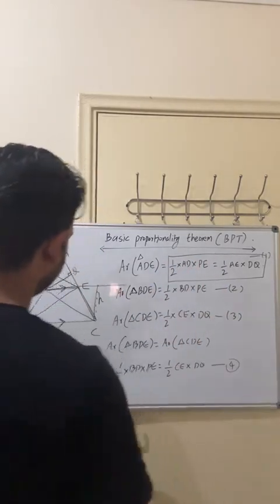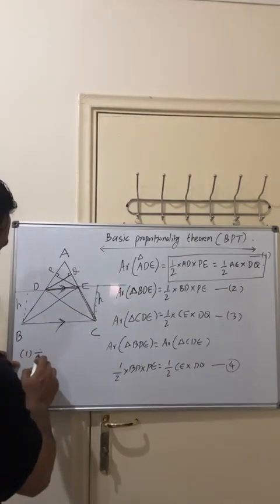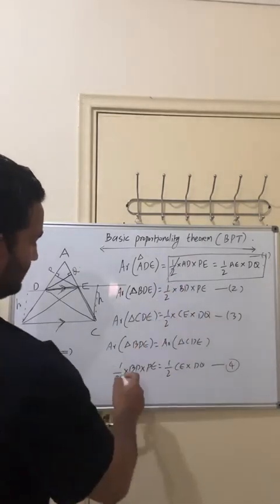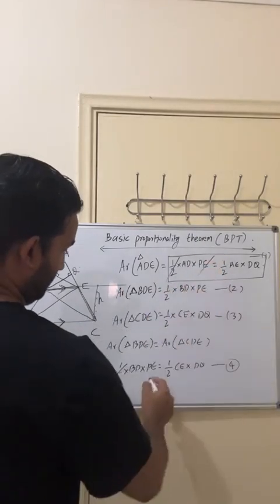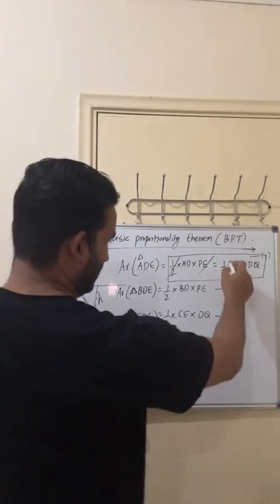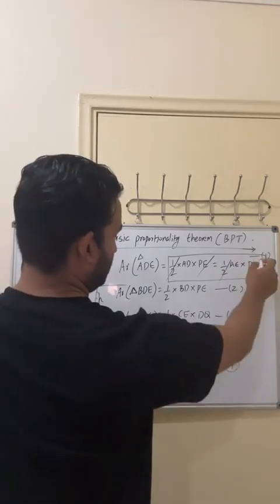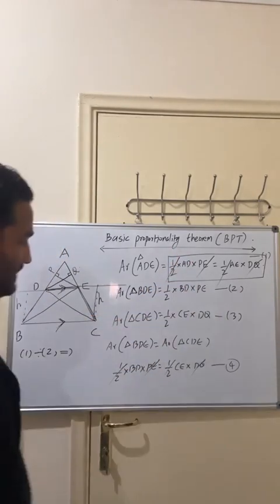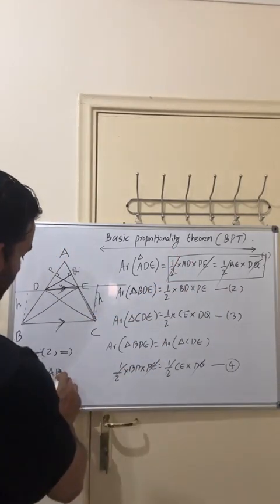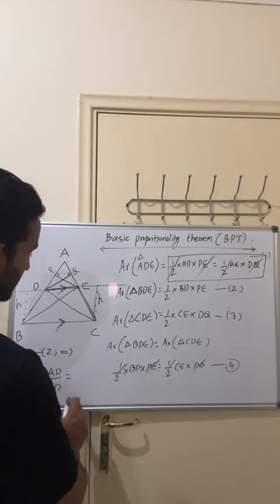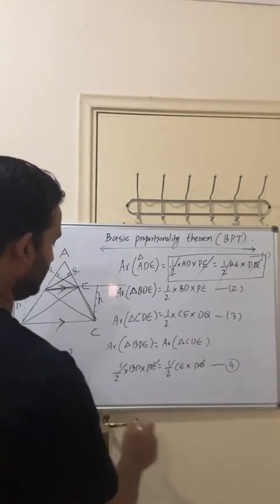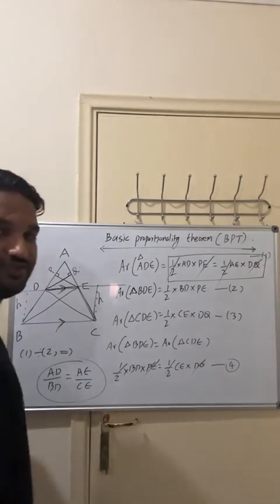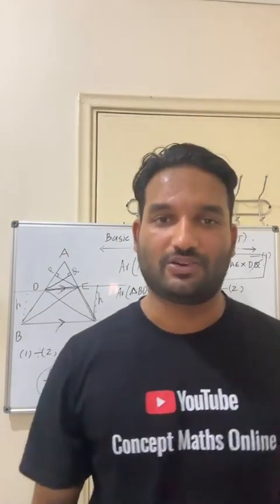So equation 1 divided by equation 2, what would you get? Half gets cancelled, P gets cancelled. From the RHS half is cancelled, DQ gets cancelled. Okay, what is the balance? AD by BD is equal to AE by CE, okay? So this is the proof for BPT, okay?